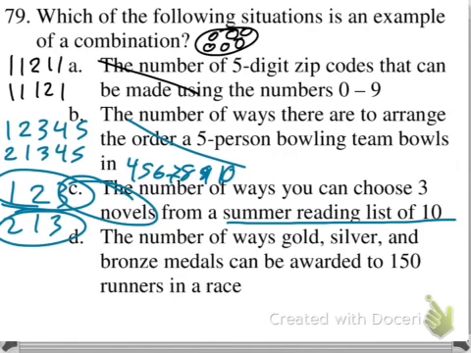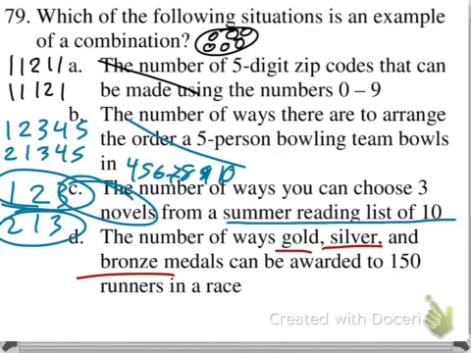Let's just check the last one to double check, because that was kind of iffy. So the number of ways gold, silver, and bronze medals may be awarded to 150 runners in the race. Anytime we have positions, like what we had before, vice president, president, and treasurer, those are always going to have the order mattering.